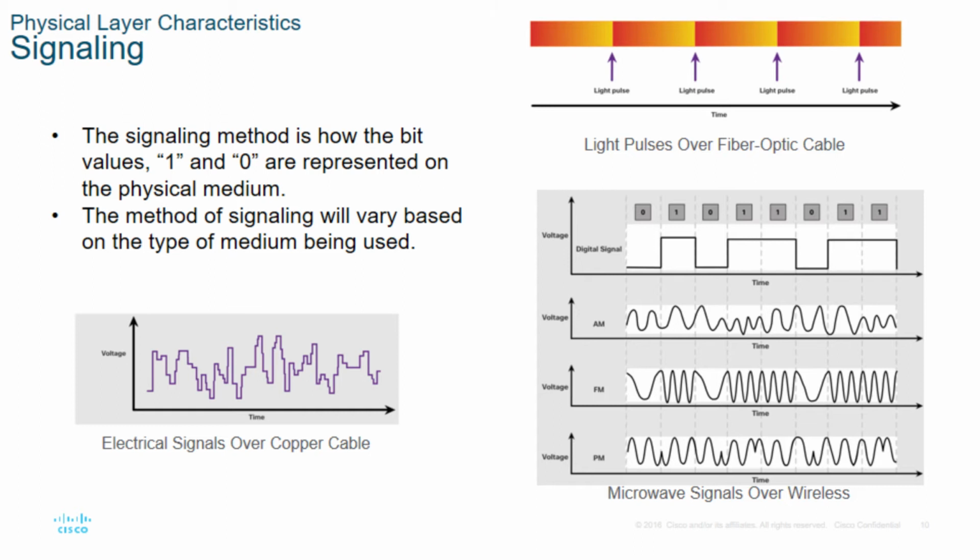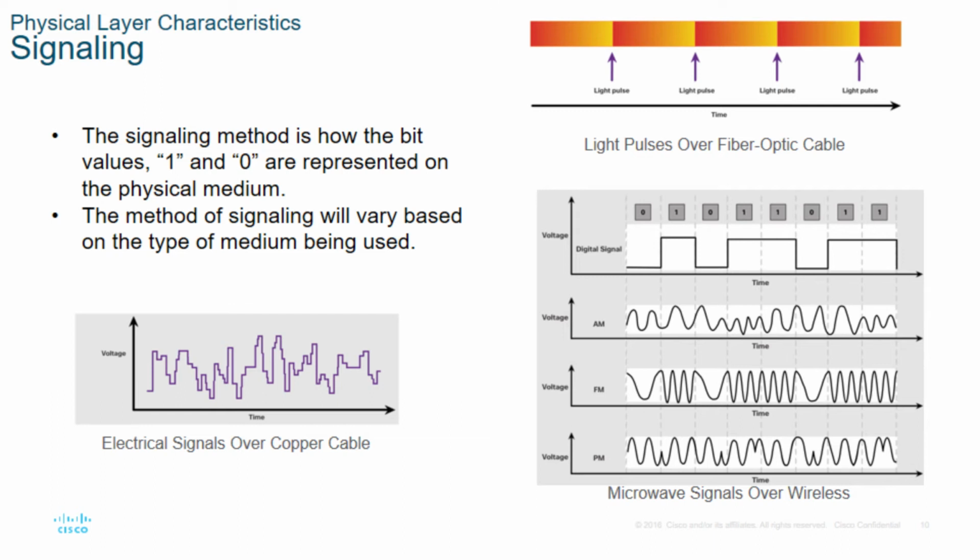This can be as simple as a change in the level of an electrical signal or optical pulse. For example, a long pulse might represent a 1, whereas a short pulse might represent a 0. This is similar to the signaling method used in Morse code, which may use a series of on and off tones.